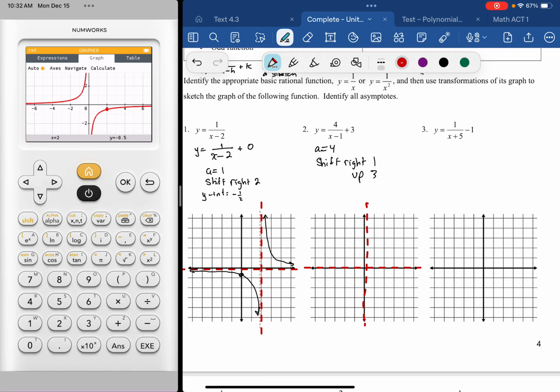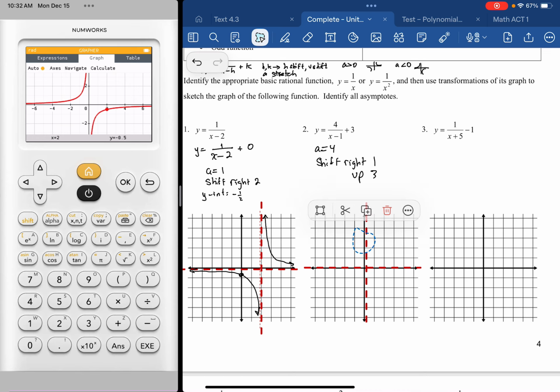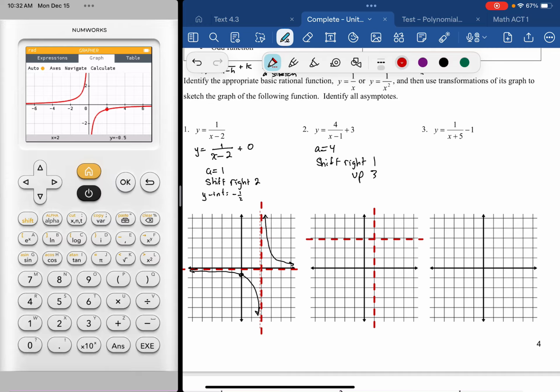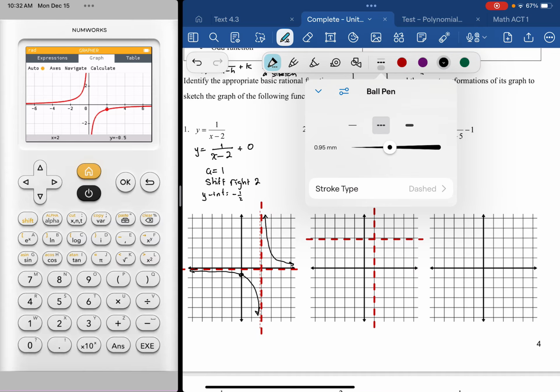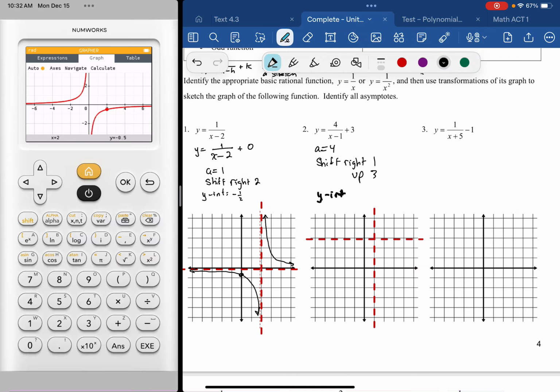You just draw them where I end up placing them. So I'm going right 1 and up 3. And again, always a good idea to get my y-intercept.